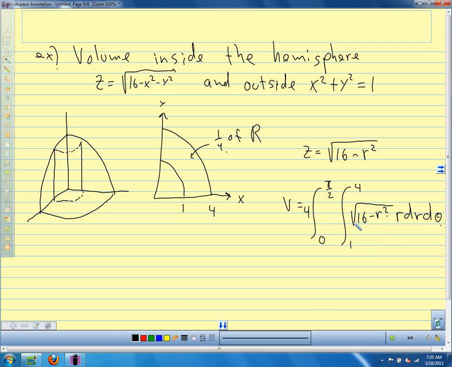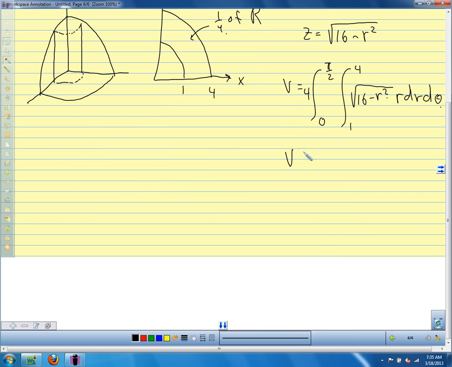For our r integral, we have a nice u substitution because we have an r squared here and an r outside the radical. So we just end up with a u sub for the first one. And then our theta integral is just from 0 to 2 pi. Nice, easy integrals to evaluate here. And when we evaluate them, I'm not going to go through the evaluation.